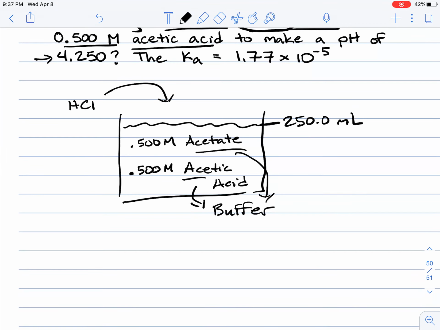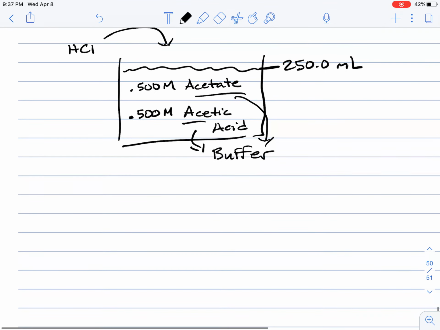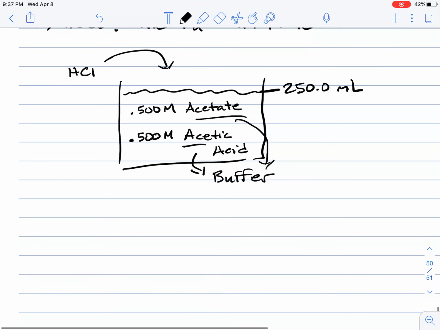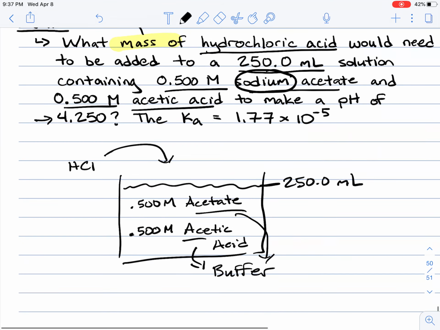And so that's going to invite us to think about the Henderson-Hasselbalch equation. We're probably going to have to use that in our calculation somewhere down the line.